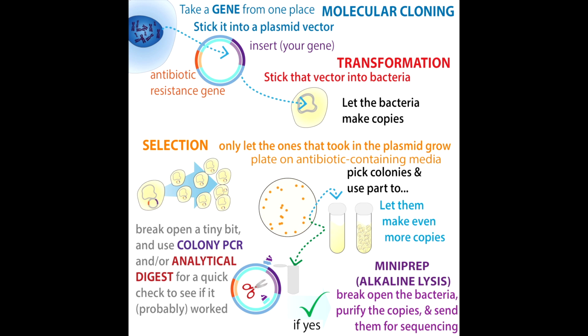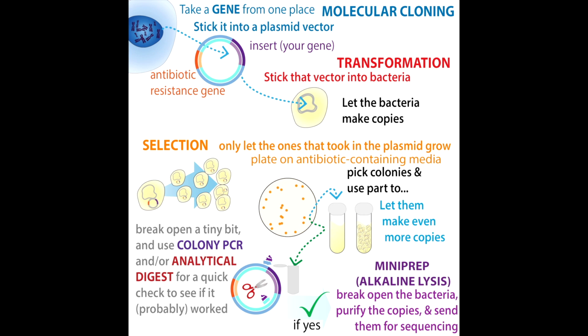Most of the colonies should hopefully have the insert in the plasmid, and some of the colonies will have the plasmid with the insert, but the insert will be messed up. Like there's some mutation that happened, or there was a problem during either the cloning step or the insertion step.